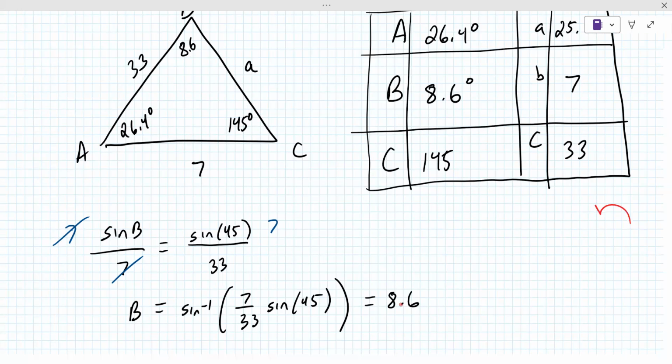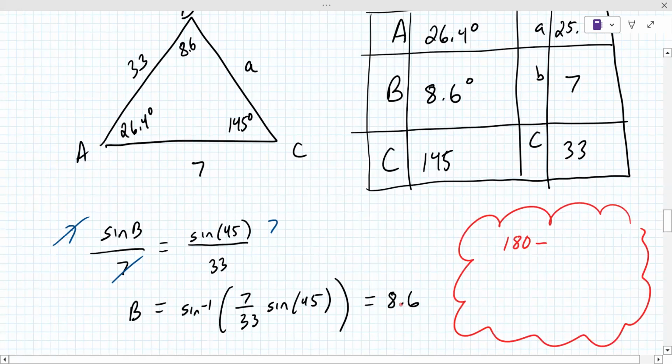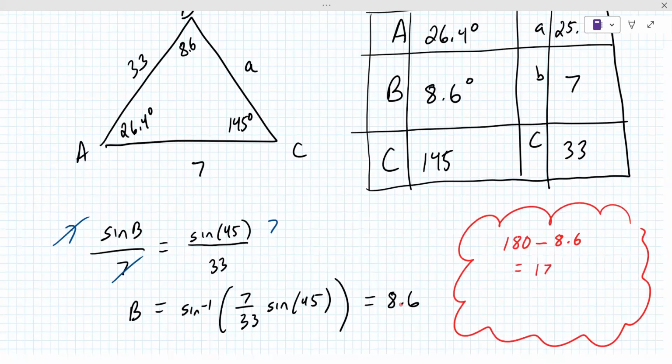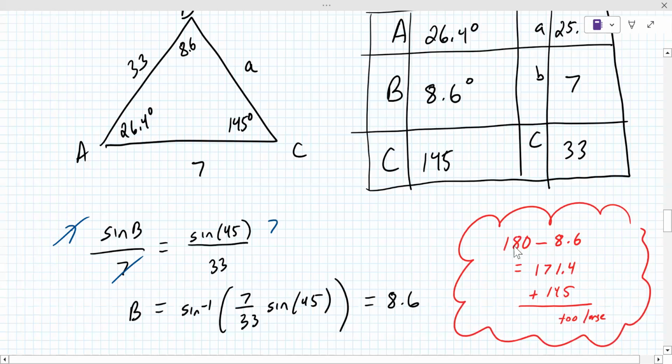So if we take 8.6 and subtract it from 180, this ends up being 171.4. If we add the other angle that we were given, it's 145. Do you see how that's too large? Yes. So you take the calculated angle, subtract from 180, you add the given angle, which was 145, and if it's too large, there's not a triangle.